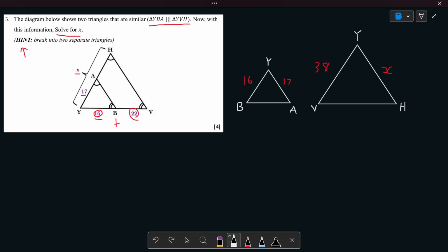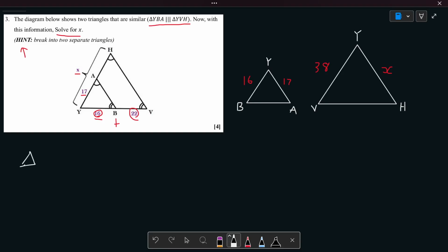Now, just hear me out. In the normal type of questions where we show that the triangles are similar, we conclude at the end that the two triangles are similar. But because we have this information, we actually need to state that these two triangles are similar already, because they gave us that information.